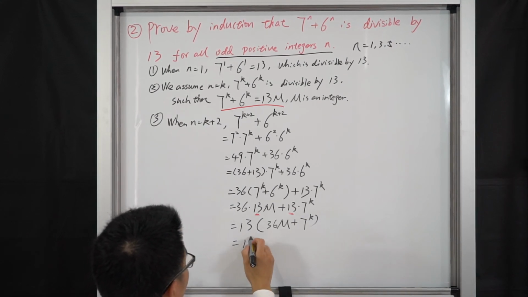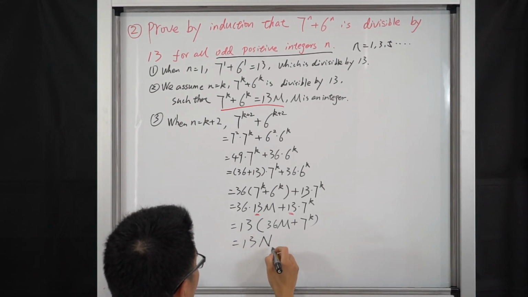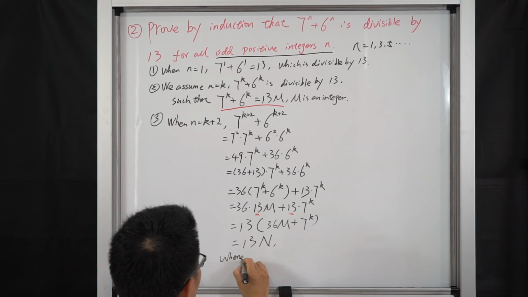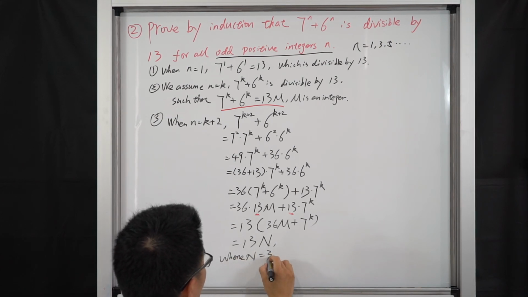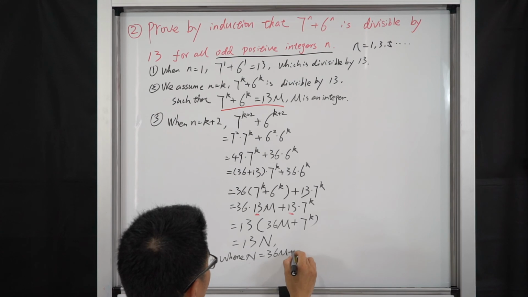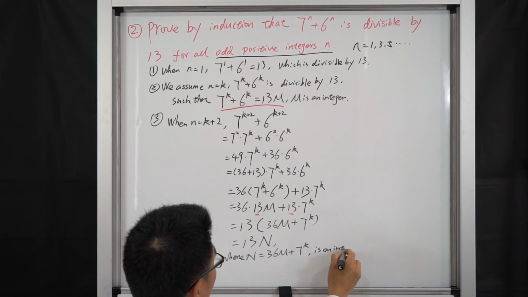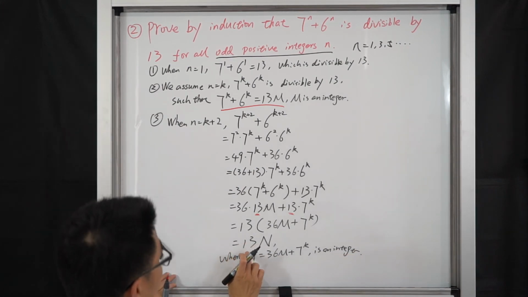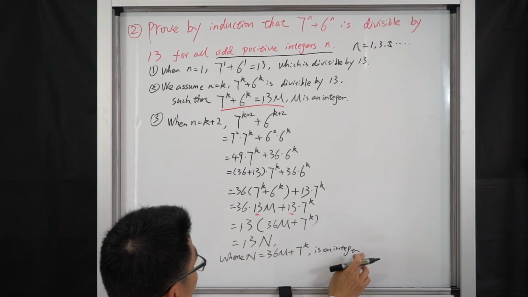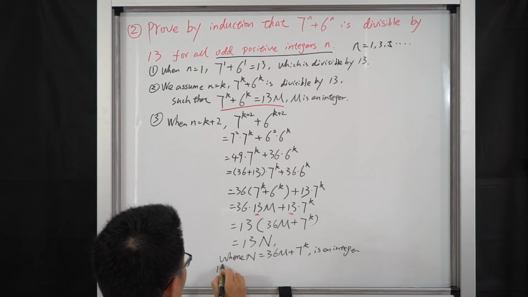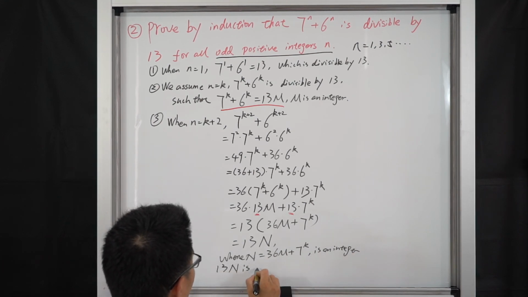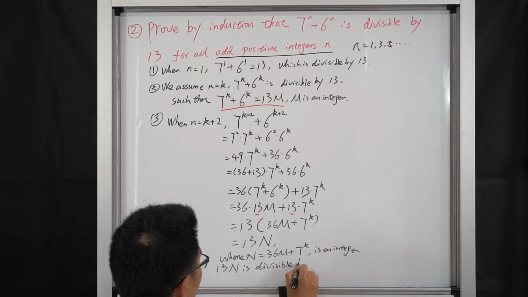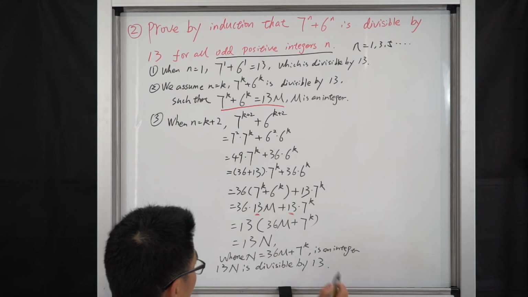We make it equal to 13 times n, where n equal to 36m plus 7 to the power of k is an integer. Okay, so this one 13n is divisible by 13 as well.